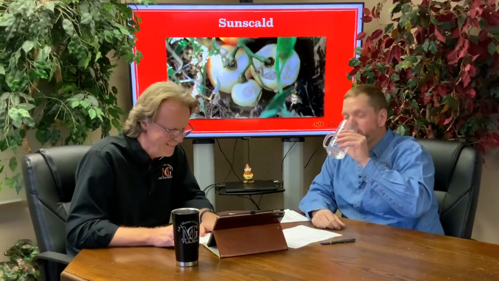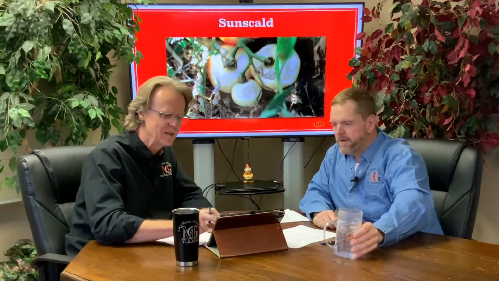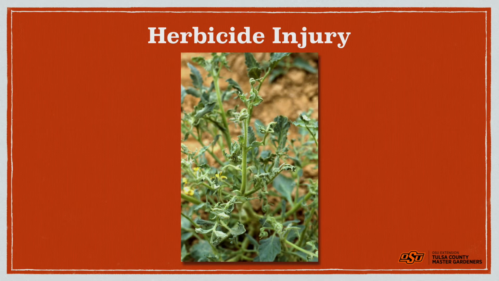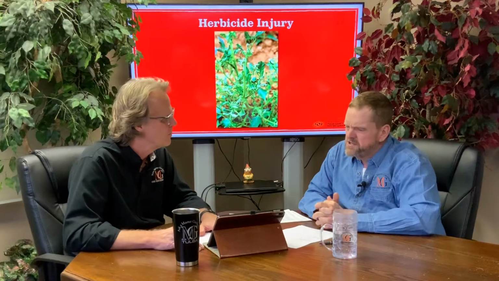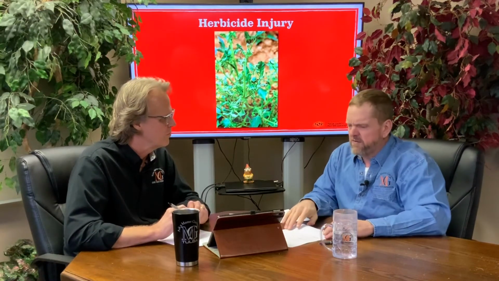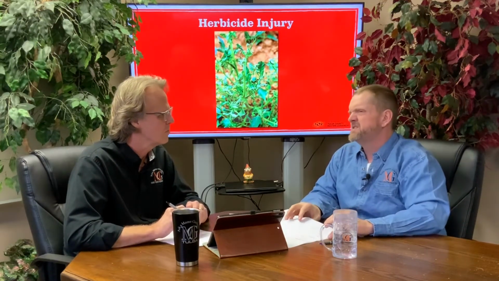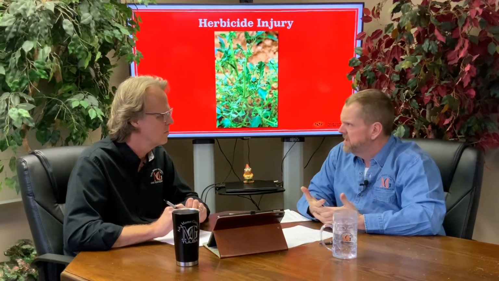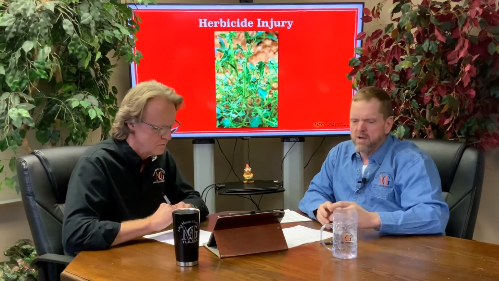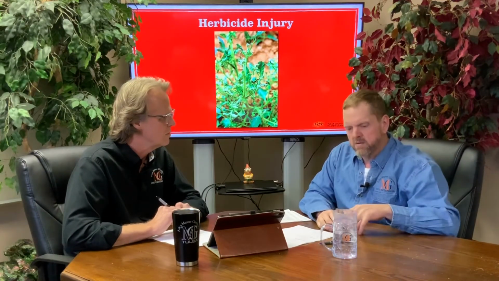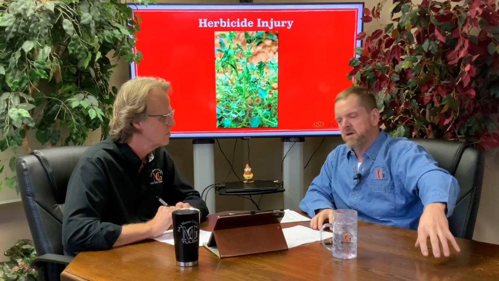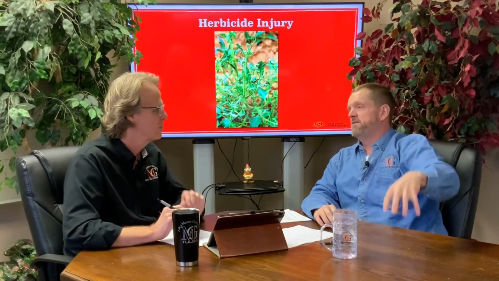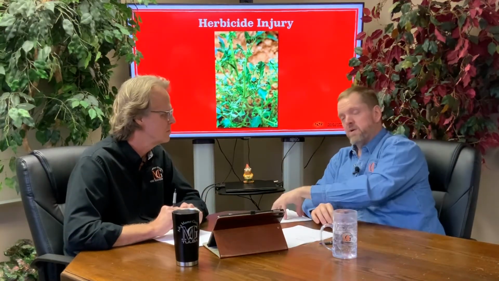Yeah, of course. Next we've got herbicide injury, which is not necessarily herbicide you've applied to these plants, but herbicide drift. Drift is an issue, and we use quite a few different hormone herbicides that tend to volatilize and move. So we've got to be careful using those, whether you used them, your neighbor used them, or somebody else applied them two blocks away, and they volatilized up, moved over, and then went back down.